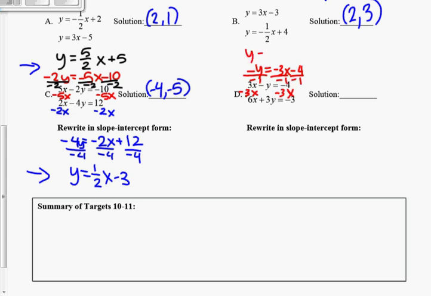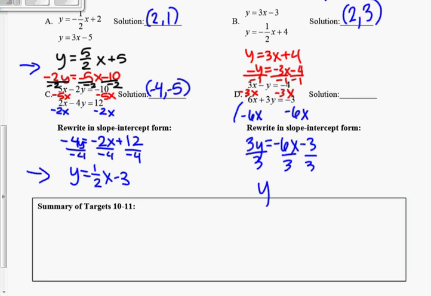So y equals a positive 3x plus 4. The second equation, I'm going to subtract 6x from both sides. So I have 3y equals negative 6x minus 3. Divide everything by 3. So y equals negative 2x minus 1.